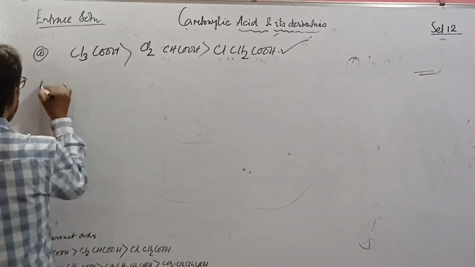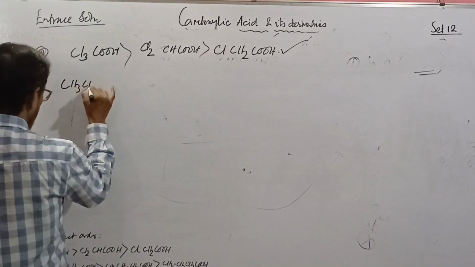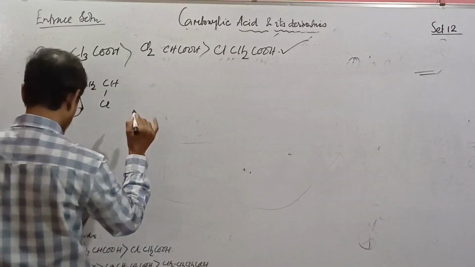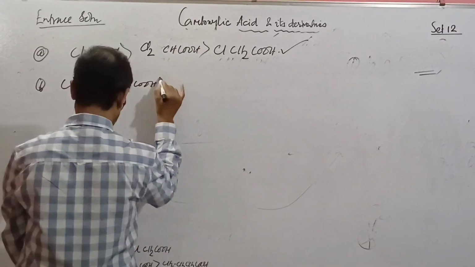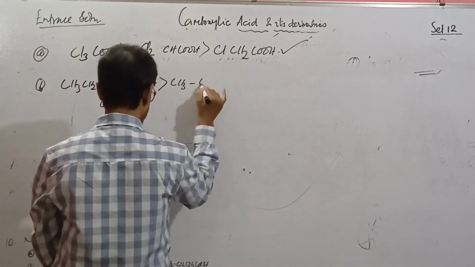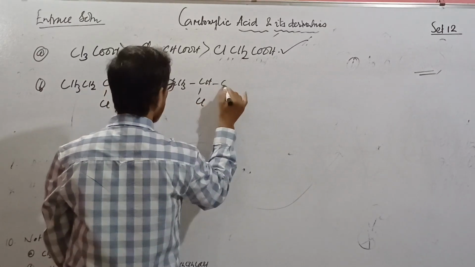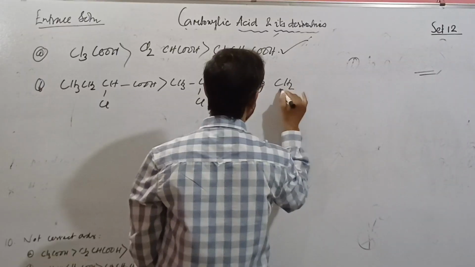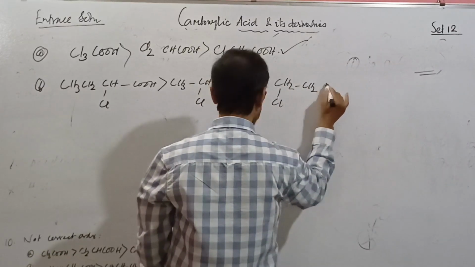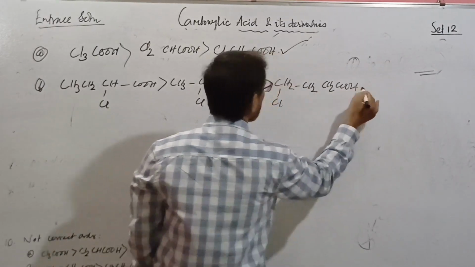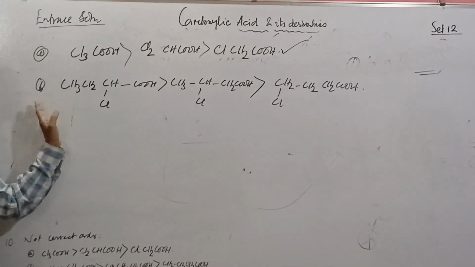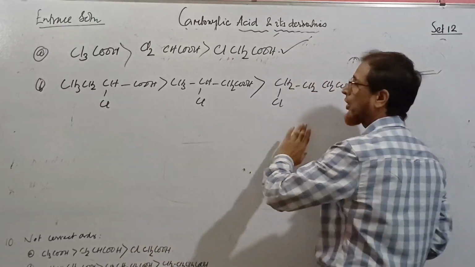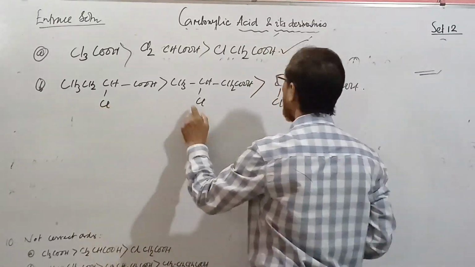Next one is CH3CH2. Here let us examine whether this order is correct or not. Here you see all these carboxylic acids have a number of -I groups, one group.